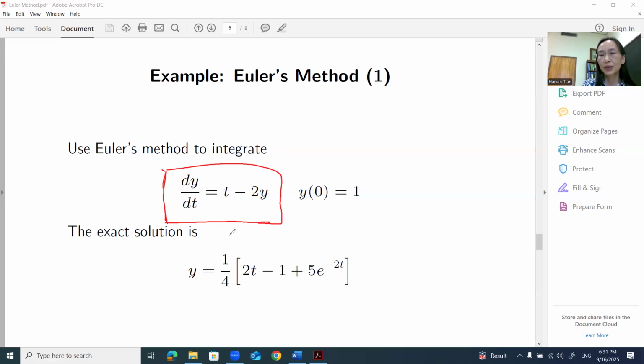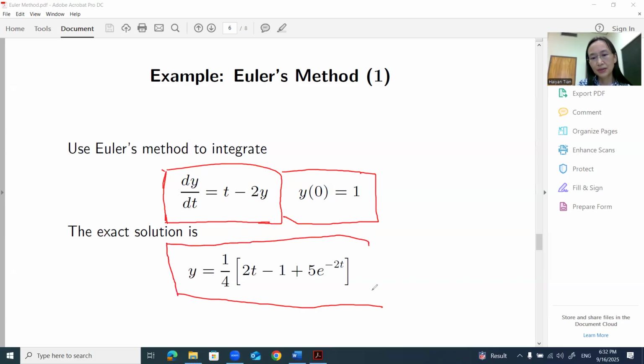With the integrating factors method, we can quickly get the exact solution. Of course, after you do the integration, you have an arbitrary constant, and you impose this initial condition, you can determine a unique solution, which is this given problem. So that's not our emphasis.